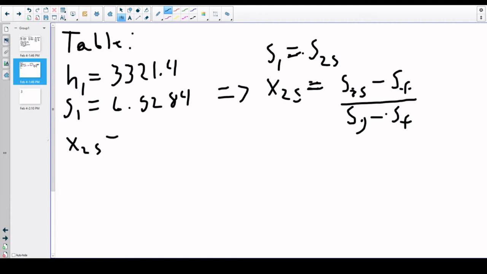And this part I just write it out. If you want to skip a little bit ahead to see what the actual quality is, you can.